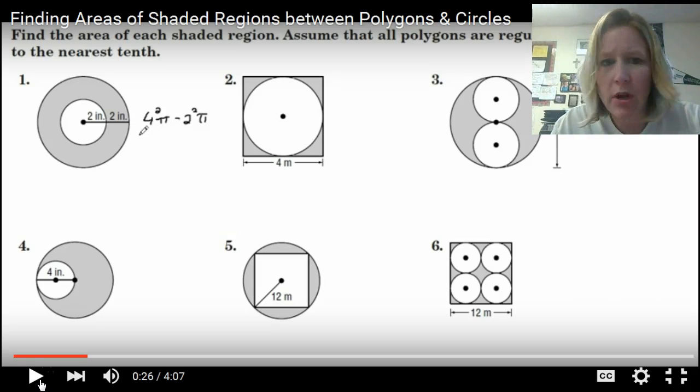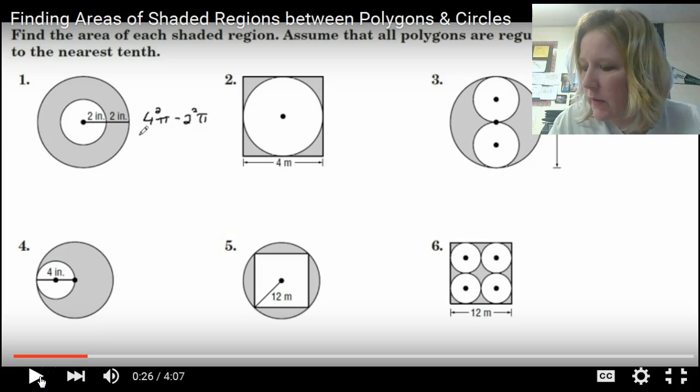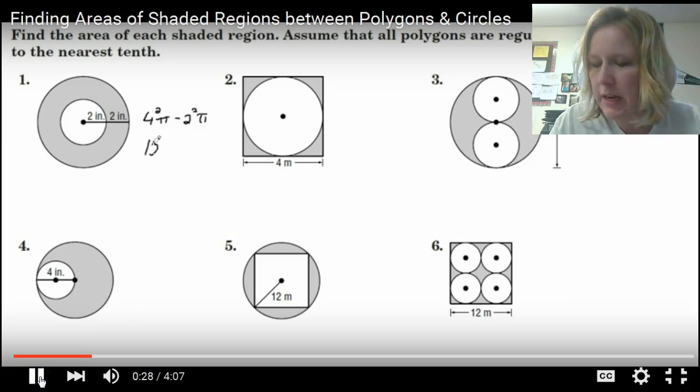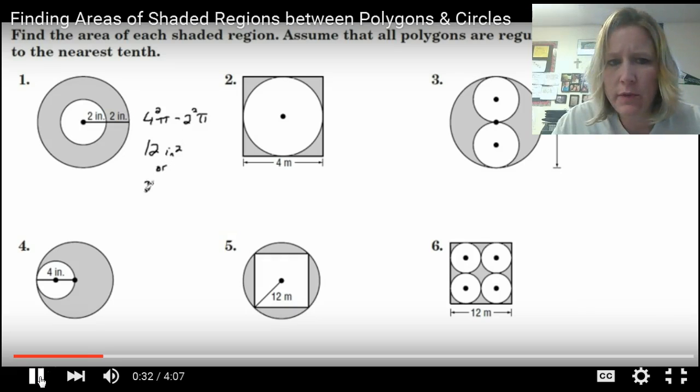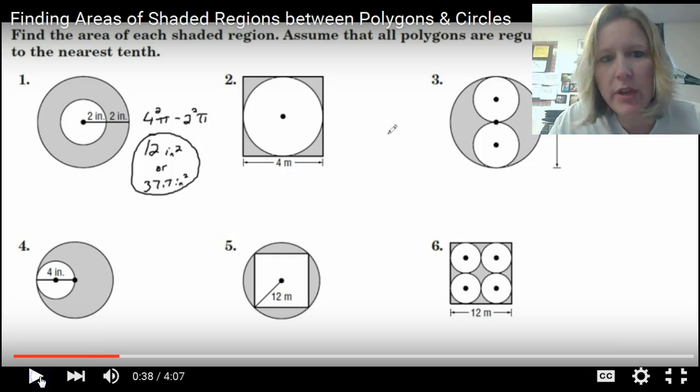Then for the smaller one, 2 squared would be 4, and 4 times pi is about 12, and we're going to subtract that 12 from our 50 and see how close that gets us. It became about 37.7.